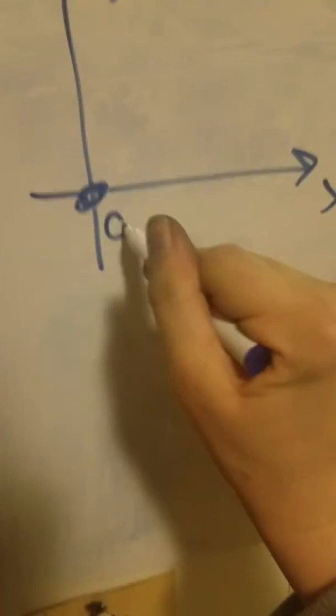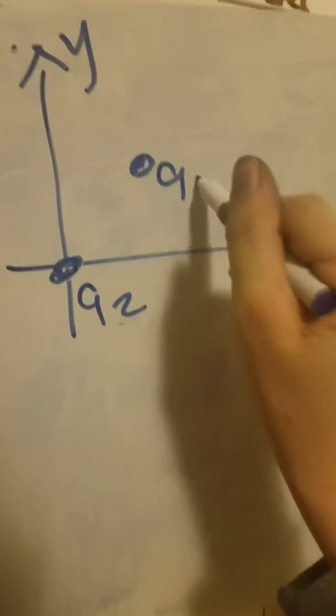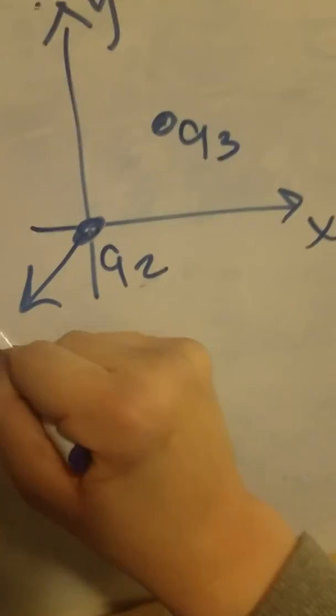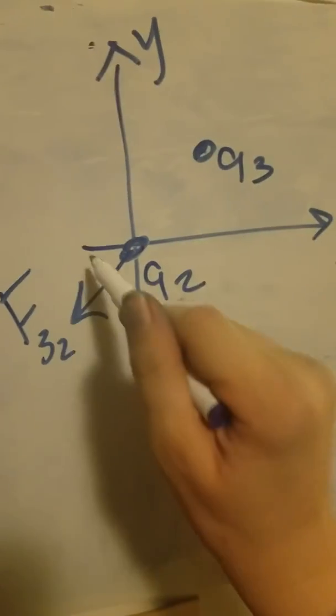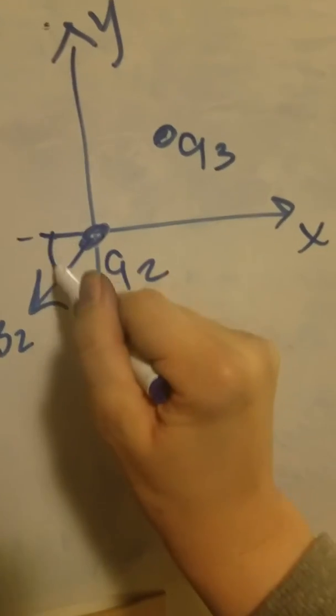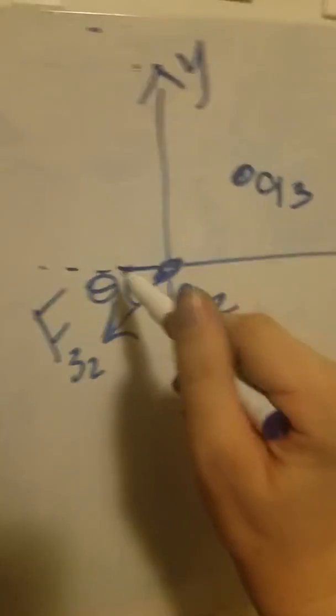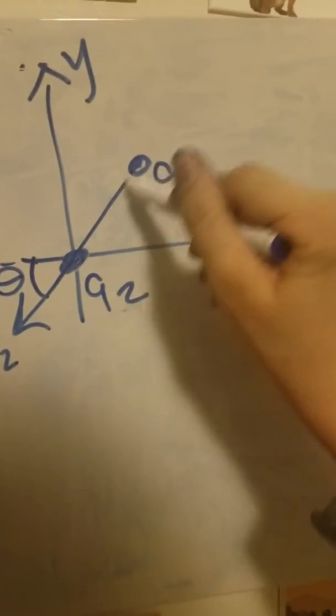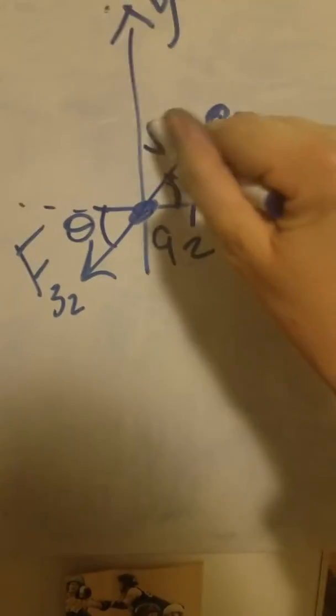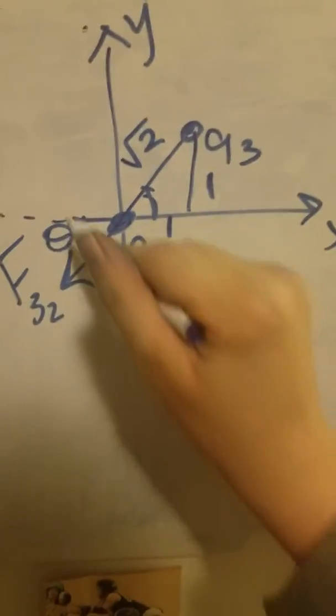Going back to our picture, we want to know the direction that this force is pointing in. I'm going to see it as this angle here, which is going to be so many degrees below the x-axis. If I want that angle, I can also notice, hey, that's also that angle. This is 1, this is 1, this is root 2. So this angle here is 45 degrees.